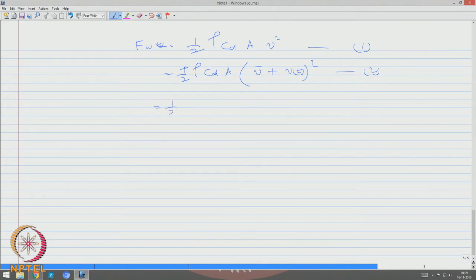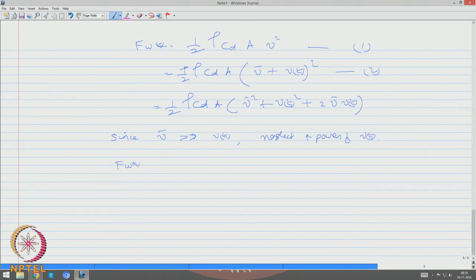Expanding this, we get half rho C d A times V bar square plus V of t square plus 2 V bar V of t. Since V bar is much higher than V of t, we can neglect higher powers of V of t.